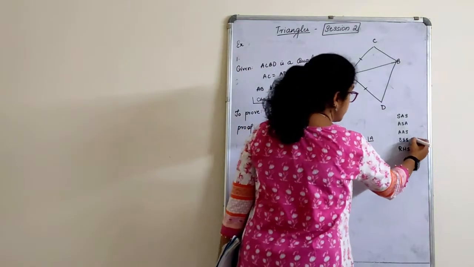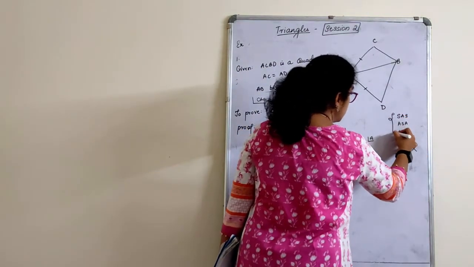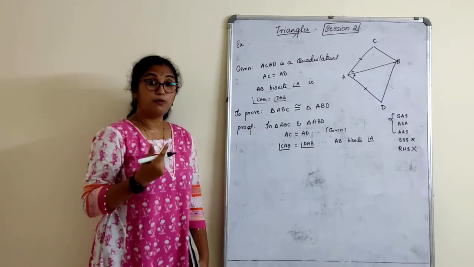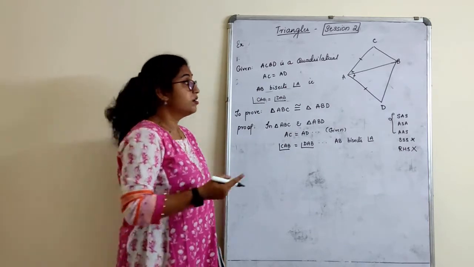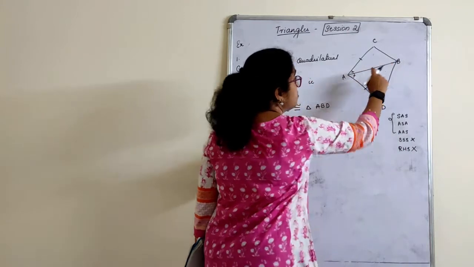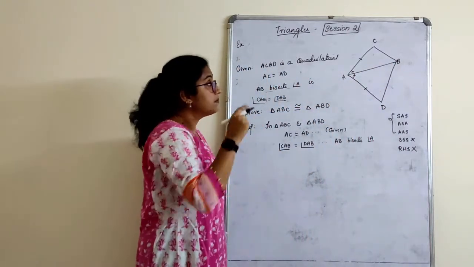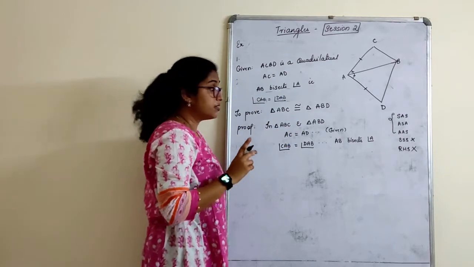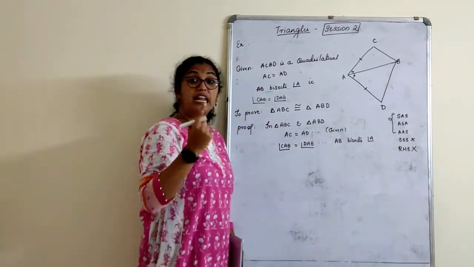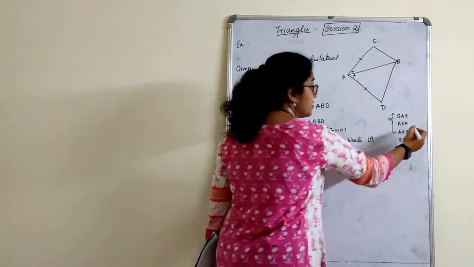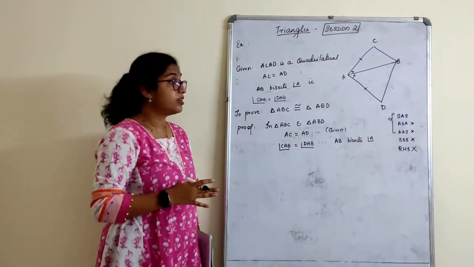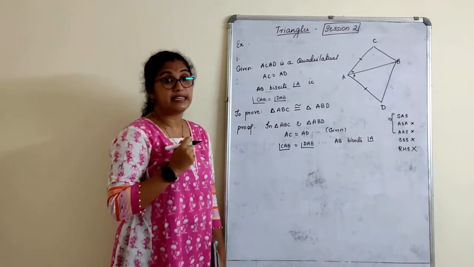Forget about triple S. So we have now these three as a choice. But in those three choices, do you have an option for another angle equal? Do you think that even this angle is equal to this? No, because BC is not the bisector for angle CBD. So we do not have a choice for another angle equal. That means these two are also out. There is no chance in that. What is left? Only SAS is left.